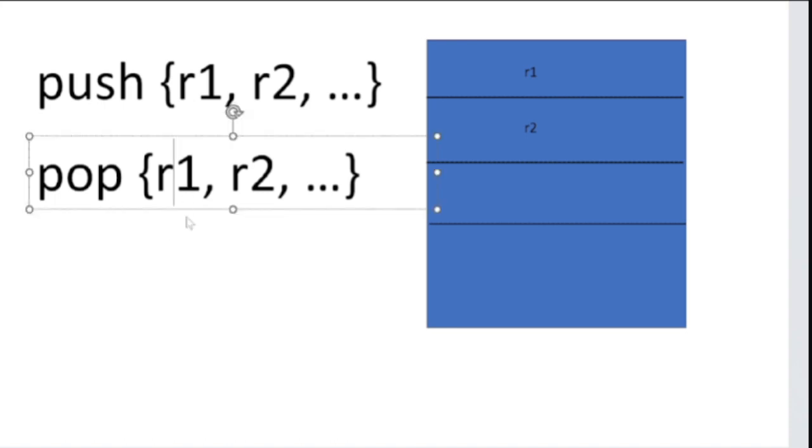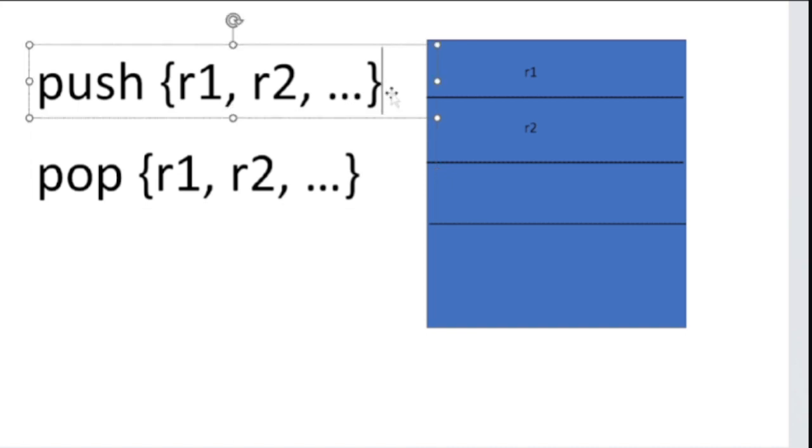And then similarly, pop is the reverse of push, as you might be familiar with if you've worked with the stack data structure. Pop just takes values out of the stack. So we push the values into the stack, and then we pop those values out of the stack. In the context of a real problem we're trying to solve, we push the values into the stack to save them, so that when we tamper with these registers and the values get modified, the original values that we want to preserve don't get lost.